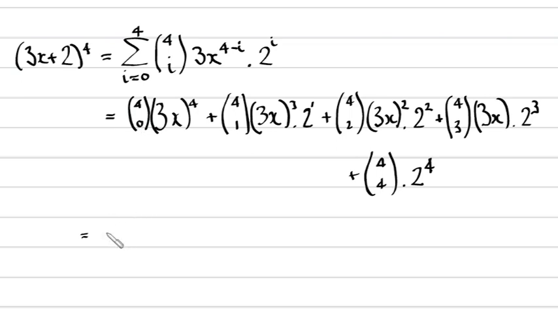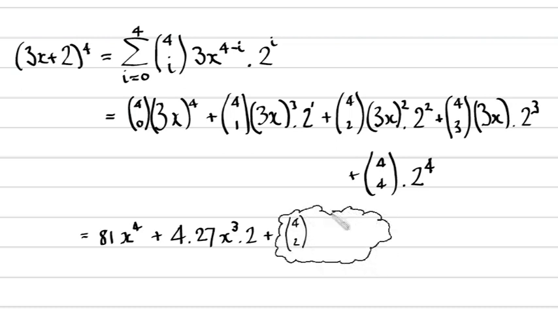So 4 choose 0 is just 1. 3 to the power 4 is 81 times x to the 4th. 4 choose 1 is just 4. 3x cubed is 27x cubed by 2 to the power 1. 4 choose 2, if you can't work it out straight off the top of your head, we could think to ourselves, alright, that's 4 factorial over 2 factorial by 2 factorial.